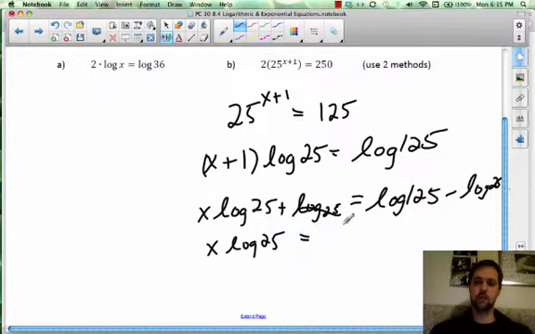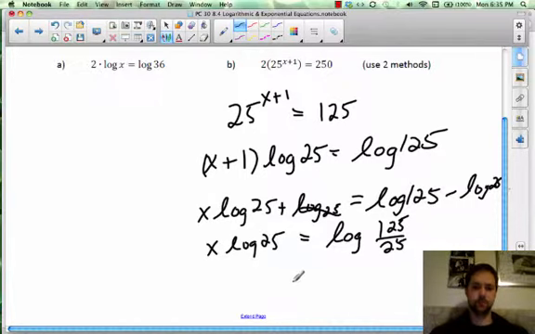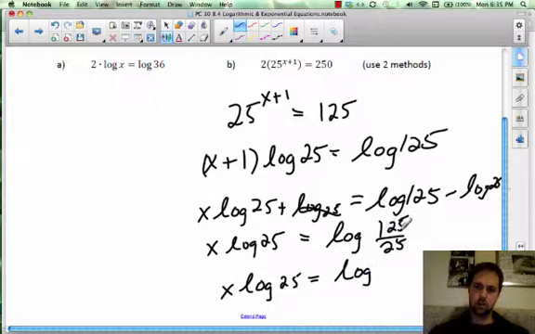Now when we subtract, we can write them as the log of a quotient, which would be 125 over 25. So we get x log 25 equals log of 125 divided by 25, which of course is 5.